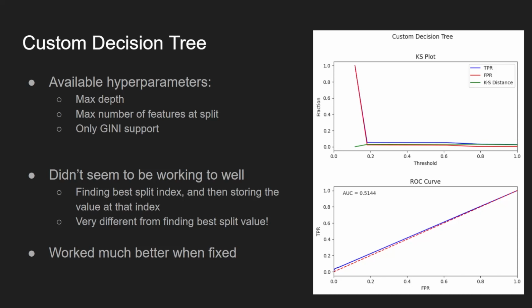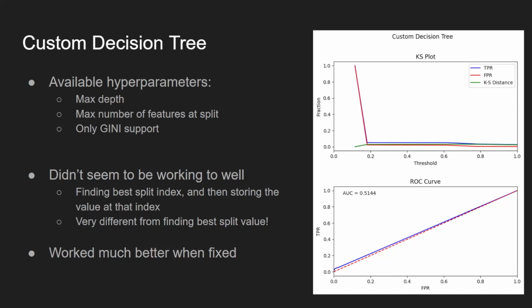The key part of identifying this issue was realizing that splitting at the best index was not necessarily the best choice. This would be perfectly fine if all the values in each column were unique, but the problem is many of them weren't. Take, for example, some binary value.